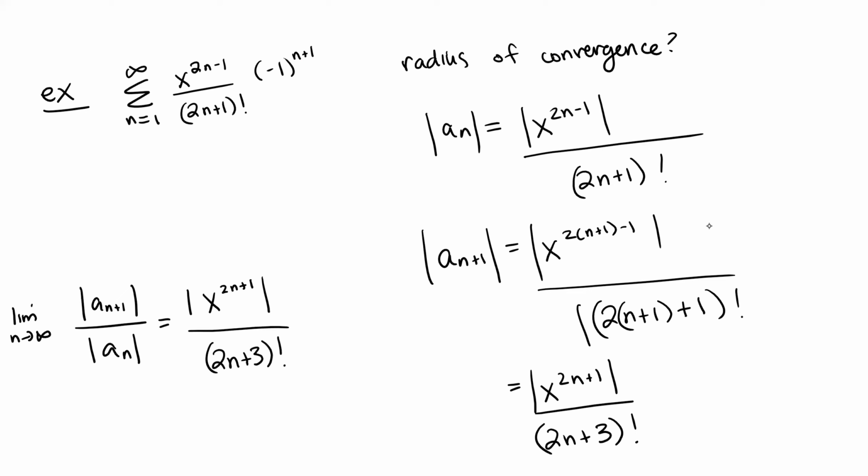And then a n is right here. So copying that over, we've got 2n plus 1 factorial over x to the 2n minus 1.